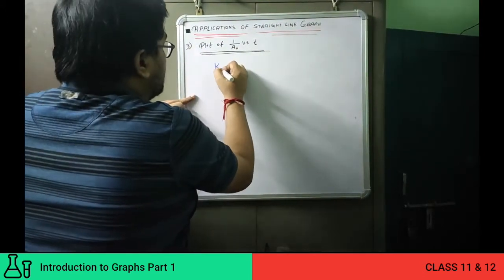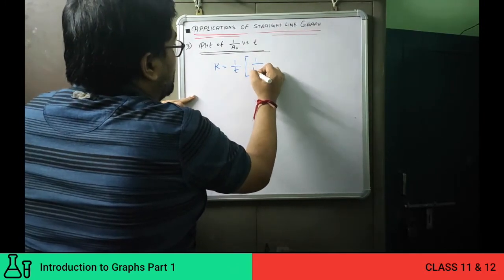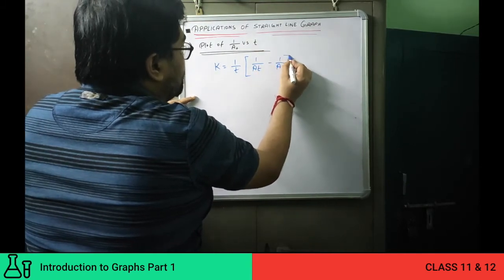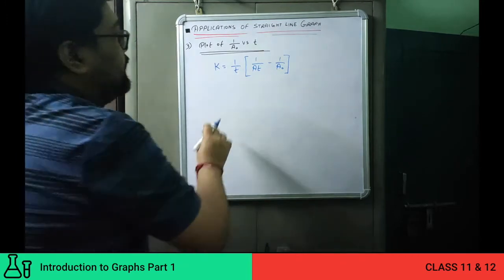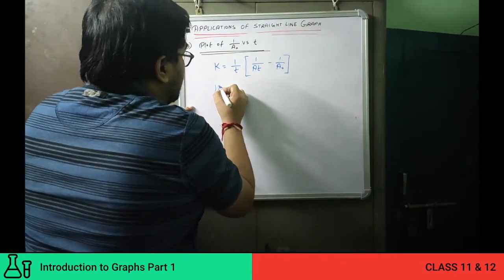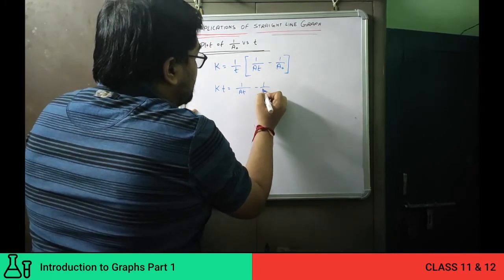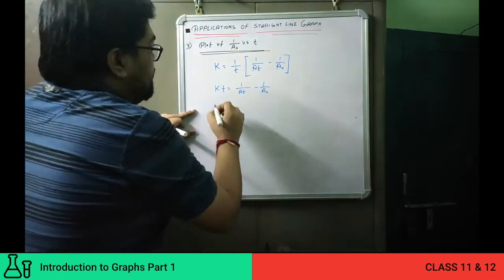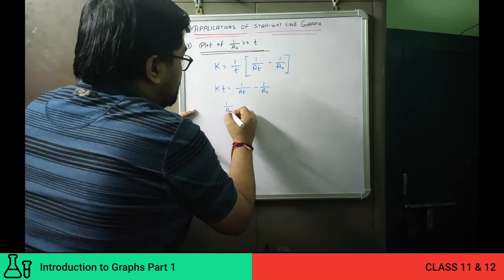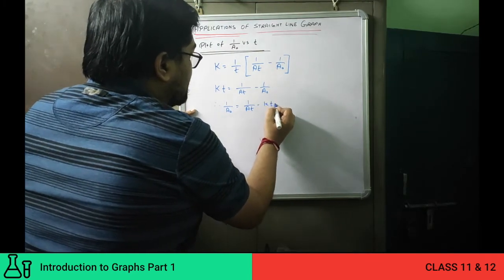For this, the equation is K equals to 1 by T, third bracket, 1 by AT minus 1 by A0. Now, what we can do here is rearrange the equation. Kt equals to 1 by AT minus 1 by A0. Now we will shift this A0 to this side. So what will we get? 1 by A0 equals to 1 by AT minus Kt.